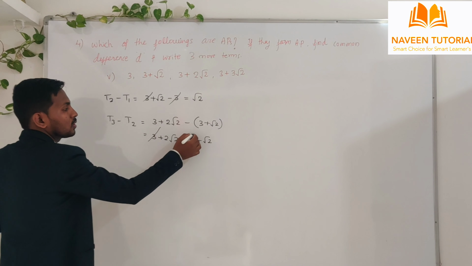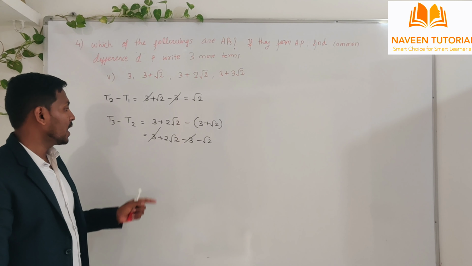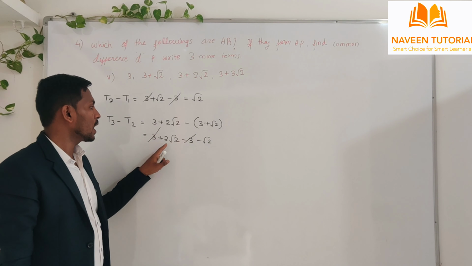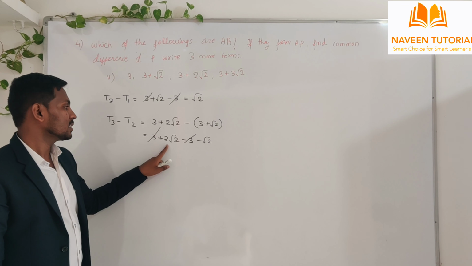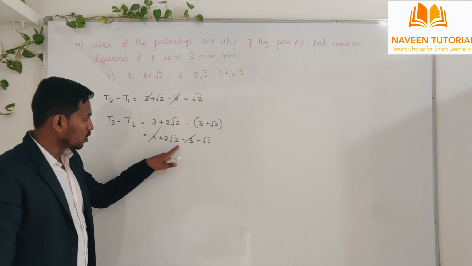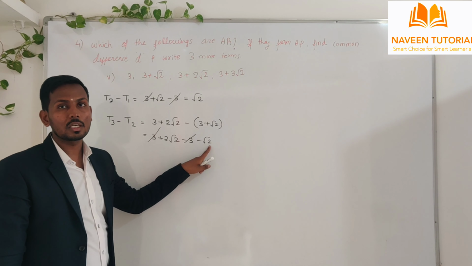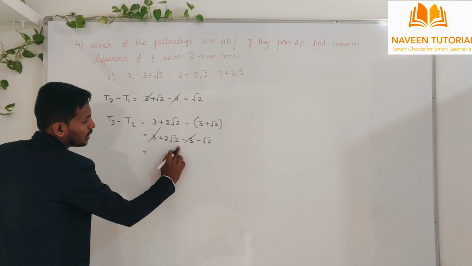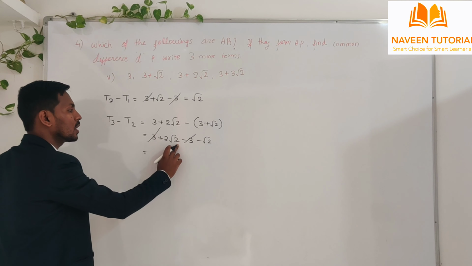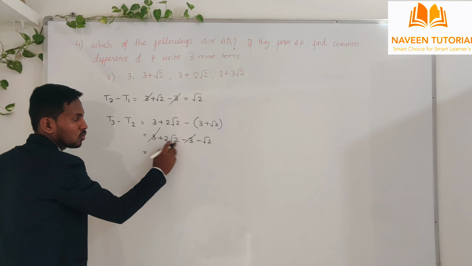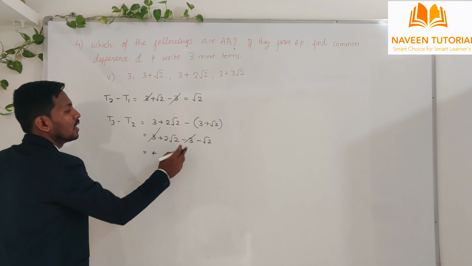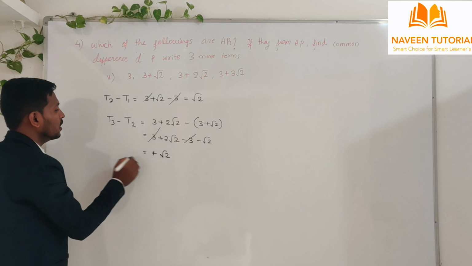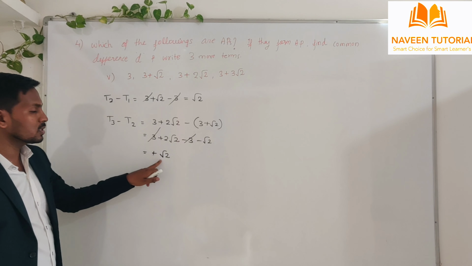Now plus 3 minus 3 get cancelled, and here 2 root 2 and here 1 root 2. Now we already know the cancellation of like terms in an algebraic expression. This is 2x and this is only x. In 2x minus x we have only x. For that, here the bigger number is plus 2 root 2, so write a plus sign here, and in plus 2 root 2 we subtract 1 root 2, and its value is only root 2. So here T3 minus T2 value is root 2.